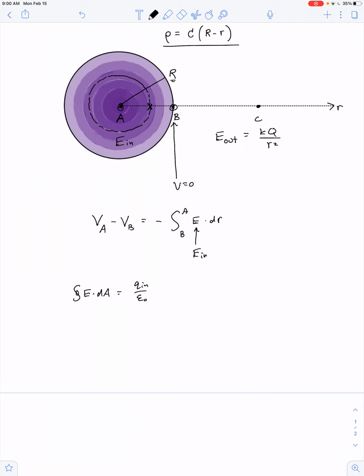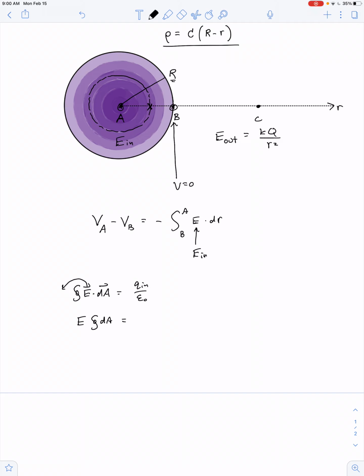Now because we chose a sphere, the electric field is going to be uniform, and we can also get rid of the vector notation because the area vectors and the electric field lines are going to be parallel at all points. So both of those suggest that we just get E times the total surface area of our Gaussian surface is equal to Q in over epsilon naught.